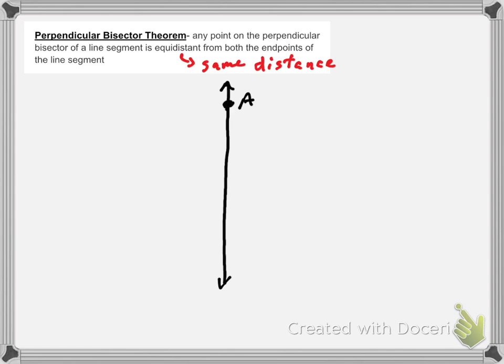We'll call that A, we'll call that B, and then we'll call that C, we'll call that D, and then we'll call this middle point E. So here's my perpendicular bisector, line AB.